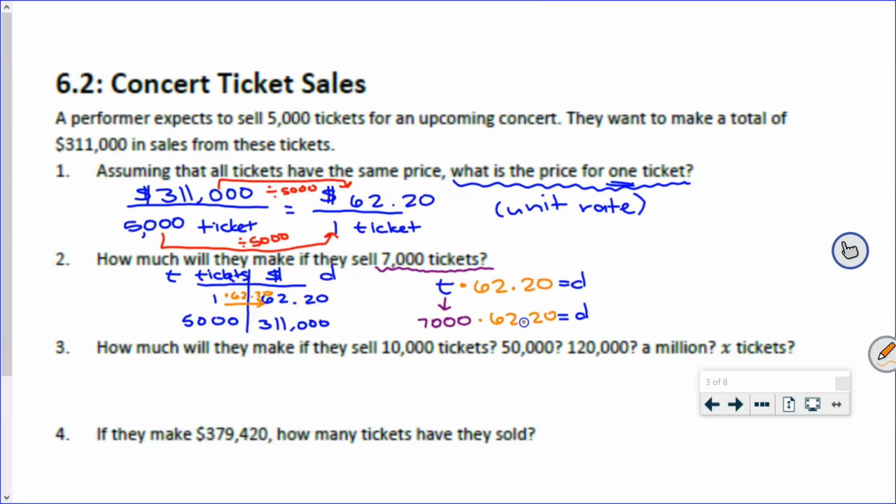7,000 times 62.20. Peyton, you have it already? Super fast. Let's wait till a few more use their tools and get this typed in. It gives our online learners a chance to also get it typed in. Okay, Peyton, what did you get? Say that one more time. 400.